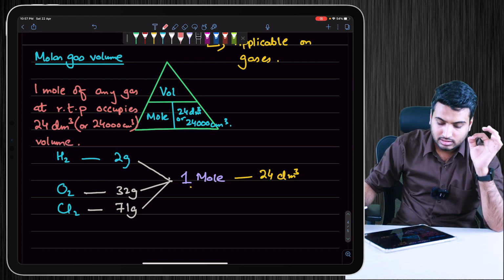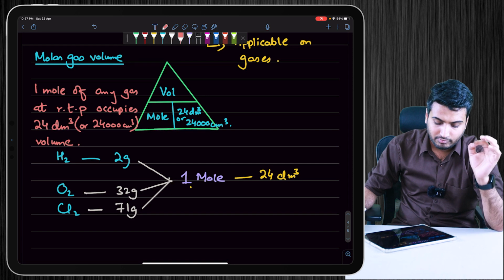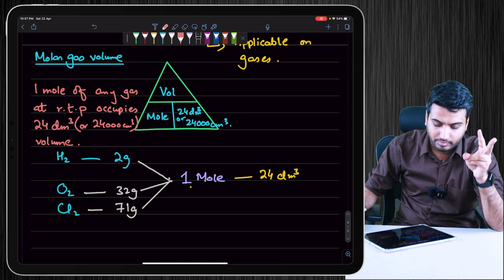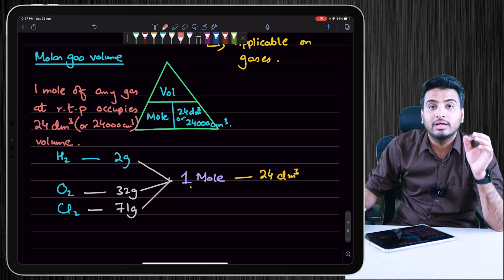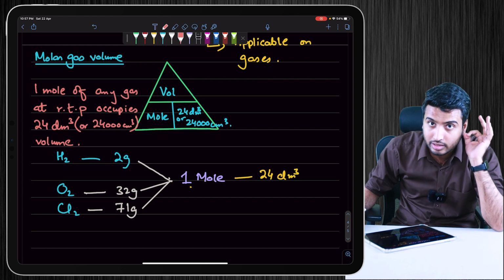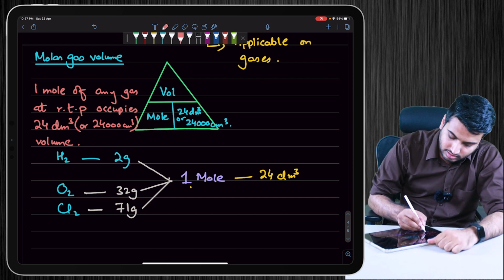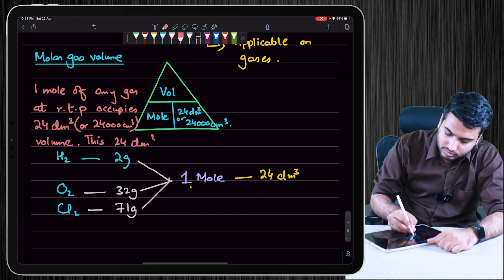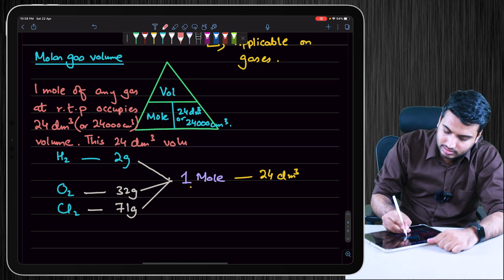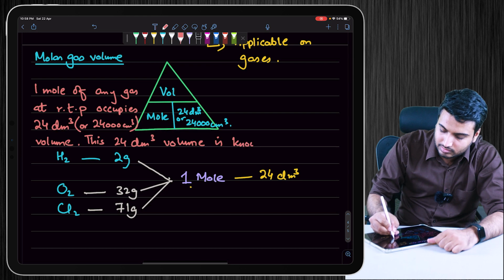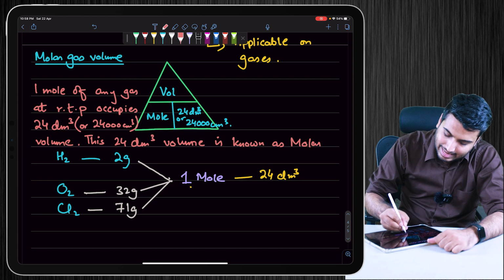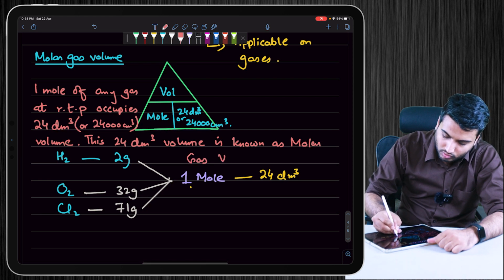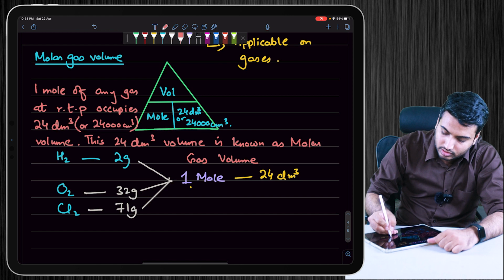This 24 dm cube volume is known as molar gas volume.